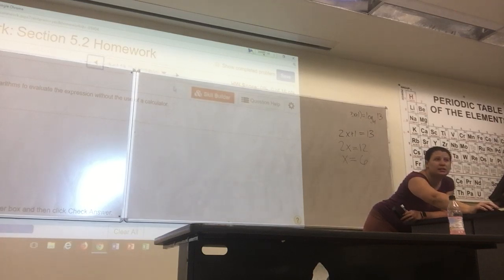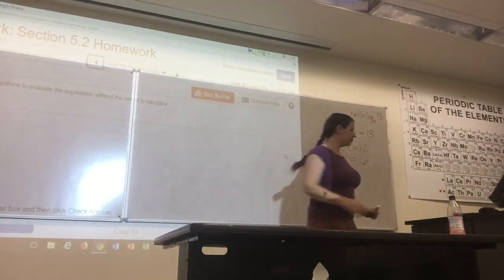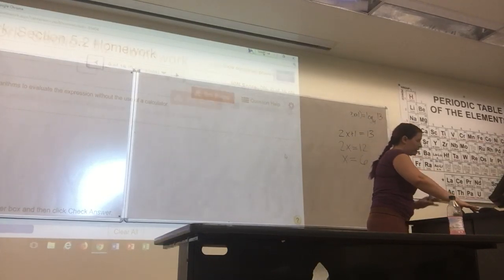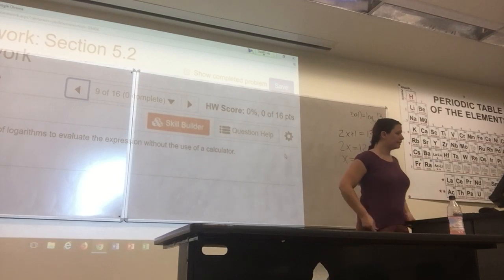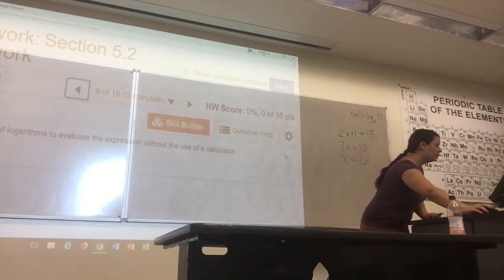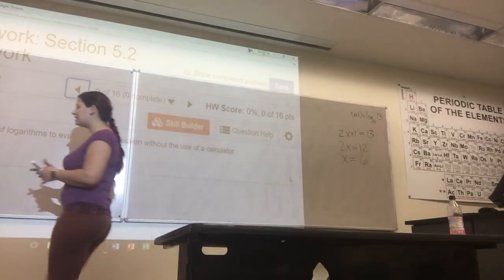How to cancel out the inverses when they're like this? Yeah? It'll be just 5. It would just be 5 because it looks bigger on my screen. Is that more or less? Okay. So when we have something like this, just look at the bases, right?